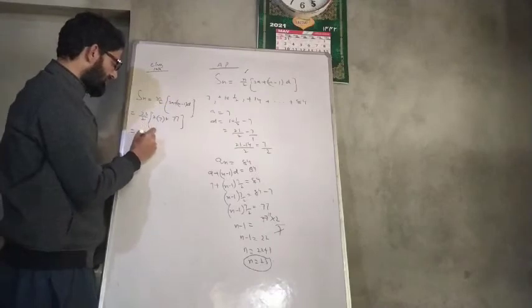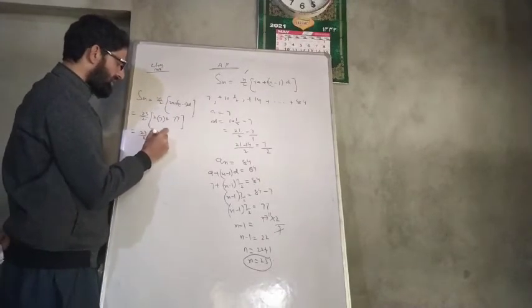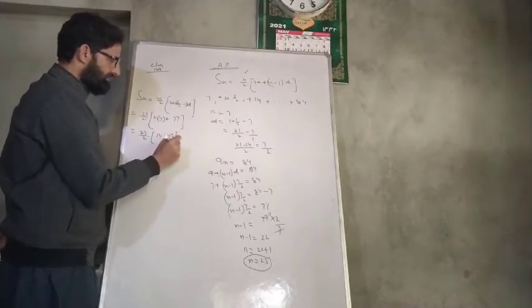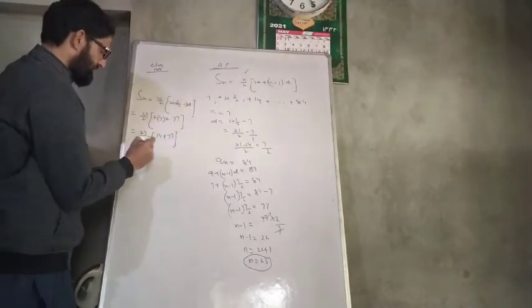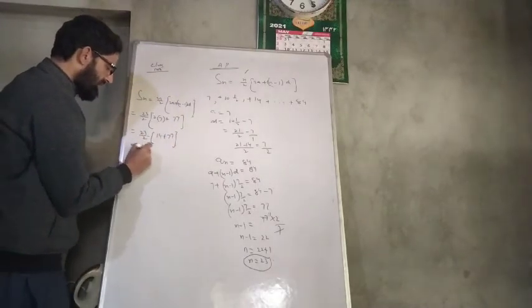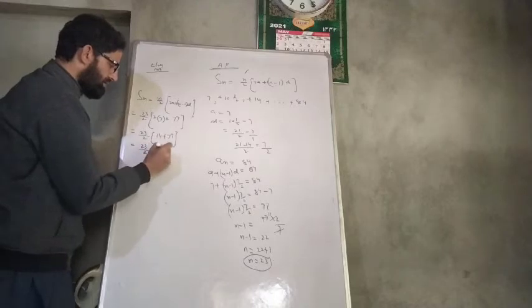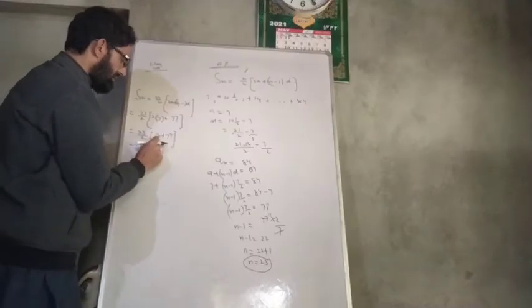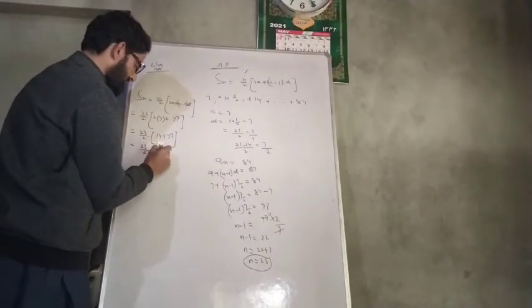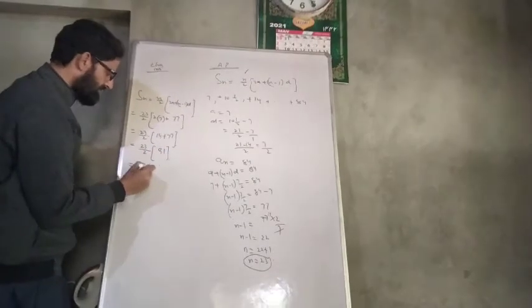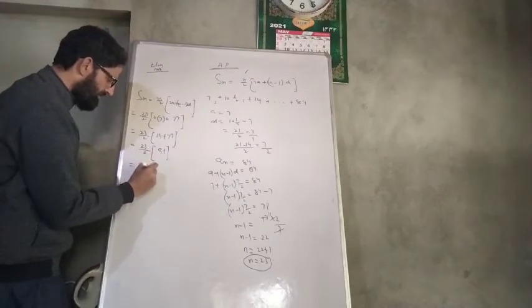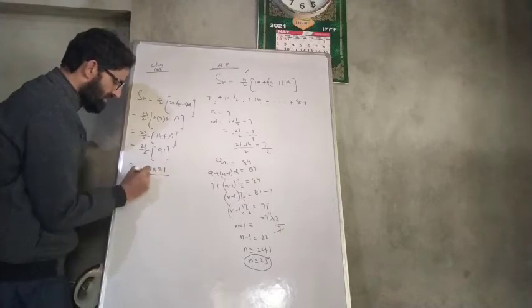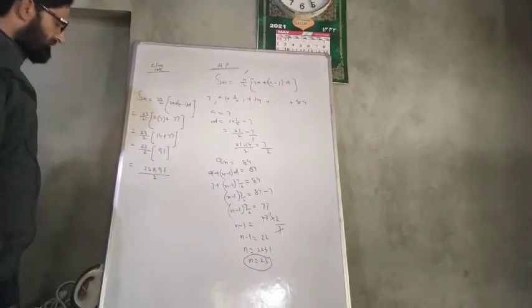So this is 23 by 2 into 2 sevens are 14 plus 77, which is further equal to 23 divided by 2 into 91, that is 23 into 91 divided by 2. So this is the answer.